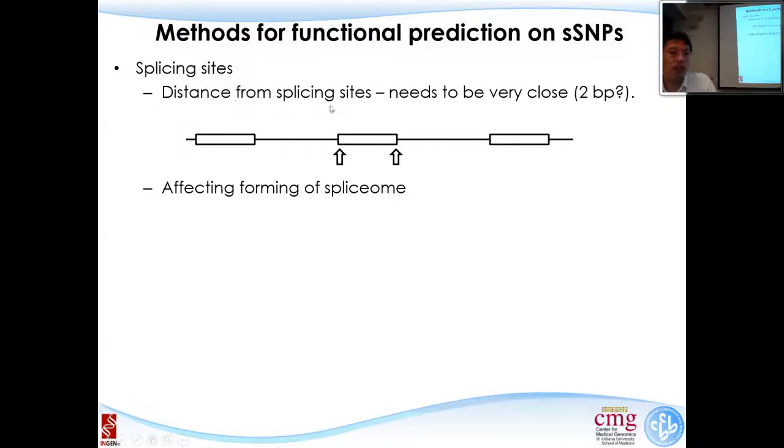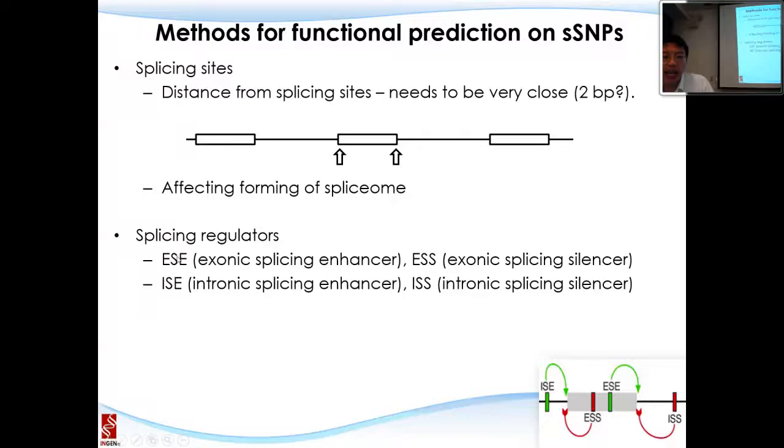It's the distance from the splicing site: the closer to the splicing site, the more impact on splicing regulation. Whether it will affect the forming of the spliceosome, and then other splicing regulators, including, I'm not going to go into detail, exonic or intronic splicing enhancers or silencers.